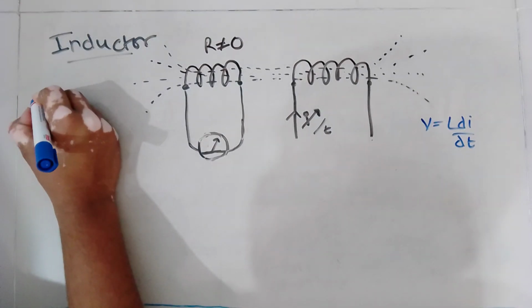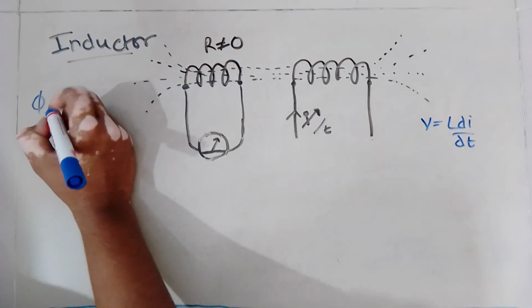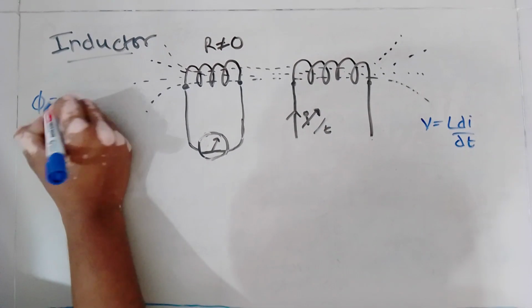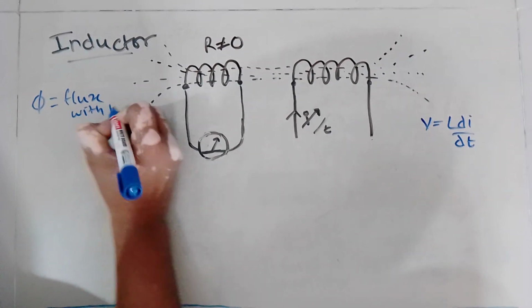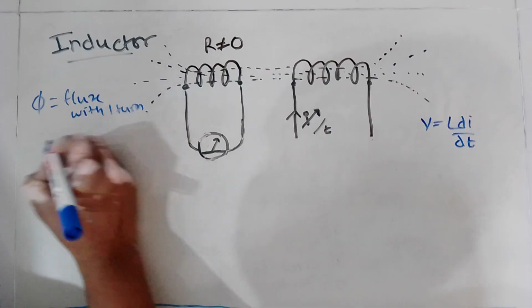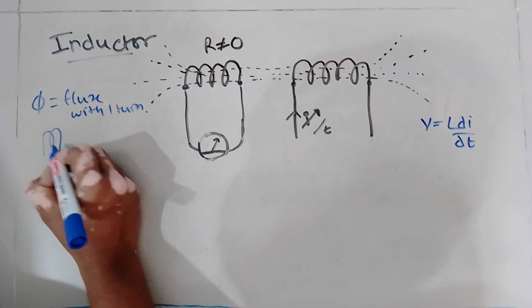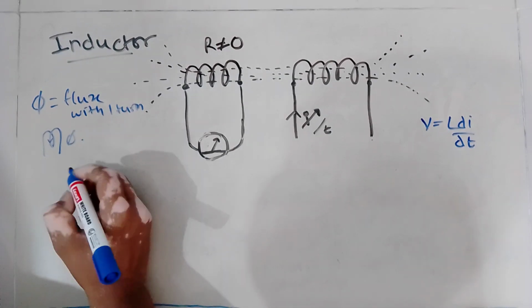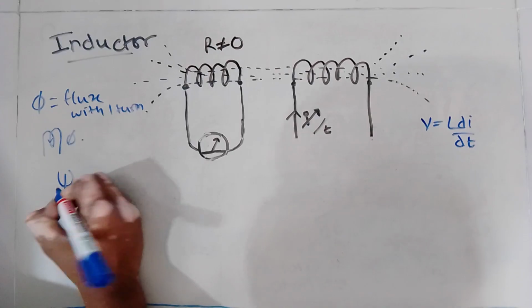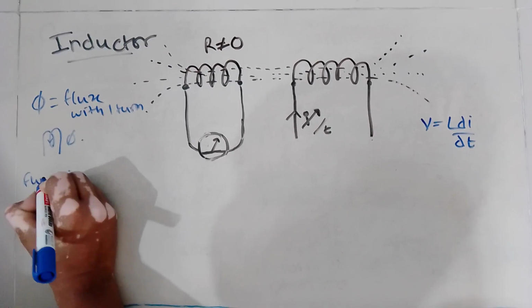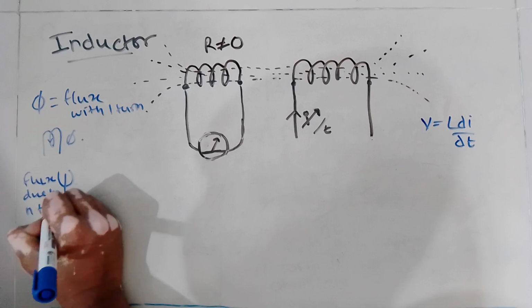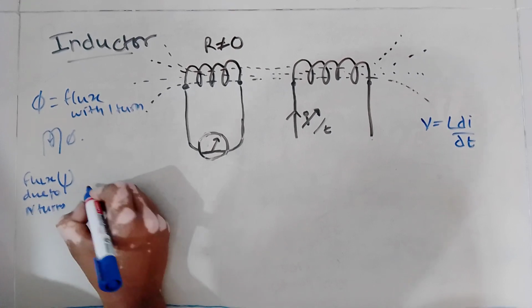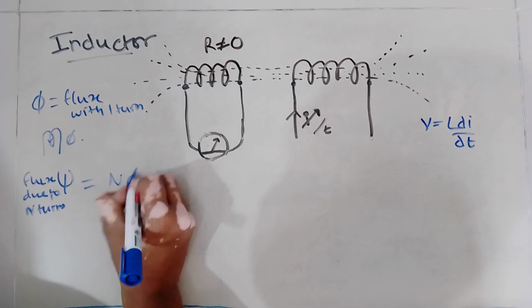Let's take the flux produced from 1 turn equal to phi. So let's assume that there is only 1 turn and the flux is phi. So psi, which is the flux due to N turns, let's take capital N, will be equal to N phi.